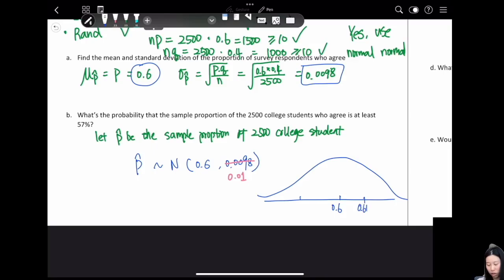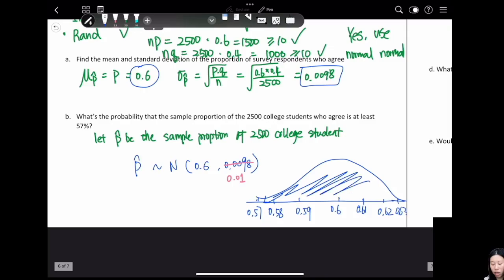So one standard deviation is 0.61, two standard deviations is 0.62, and subtracting one standard deviation, we have 0.59. Two standard deviations below is 0.58, and three is 0.57, and on the other side 0.63. So this takes up 99.8% of the area within three standard deviations.